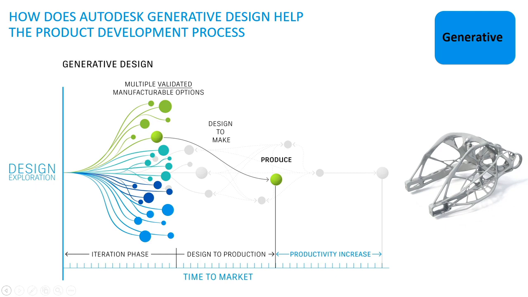We get thousands of options using the generative design tool or engine. And then directly from this early phase, the iteration phase, we can pick the best optimal design for refining further later on and producing. So this is the major difference between the two.